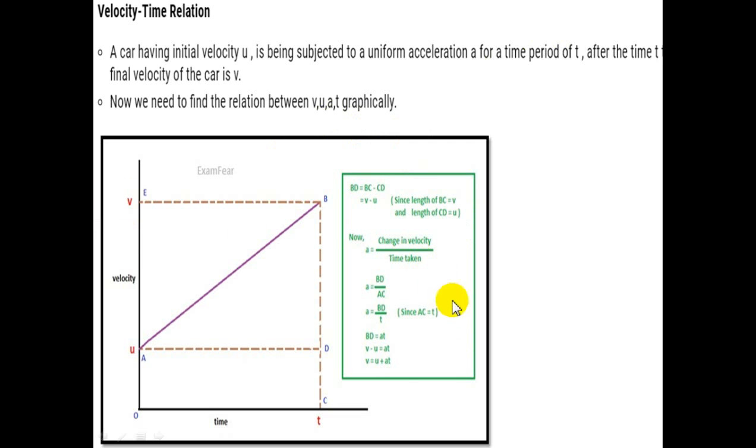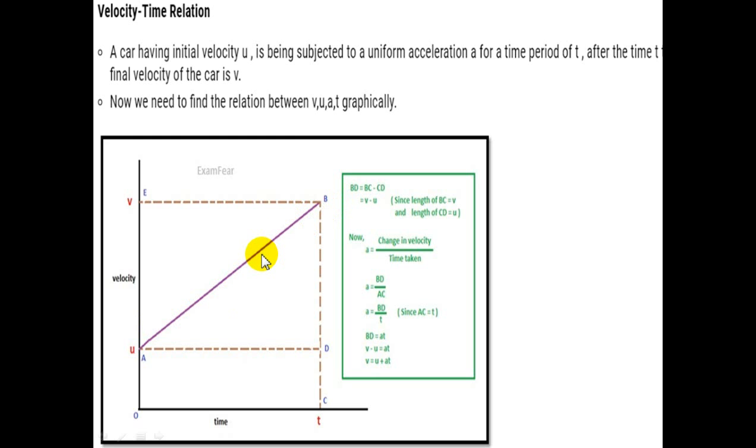The relation we are going to establish here is between v, the final velocity, and u, the initial velocity. Why is a considered here? Because as we have already seen, the velocity is changing: 5, 10, 20, 30, 40, 50.